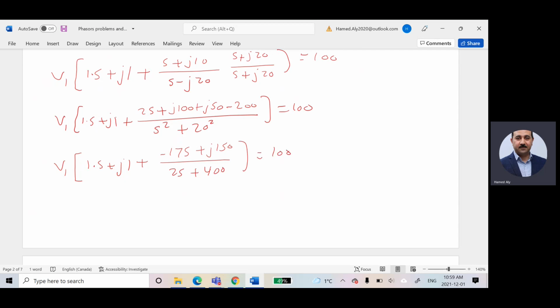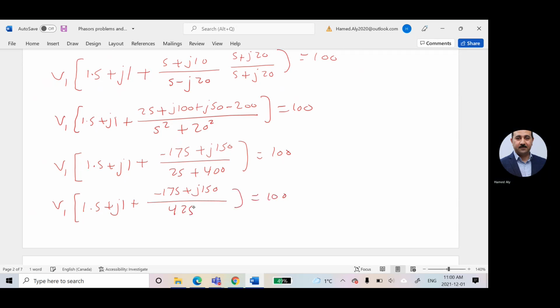Then this guy will be written as V1 times 1.5 plus, I'm showing you step by step. You don't need to do that in the final exam. I'm showing you step by step because I would like you to know what I did while solving this problem. But you don't need to show me all of these. Then plus (negative 175 plus J150) divided by 425.